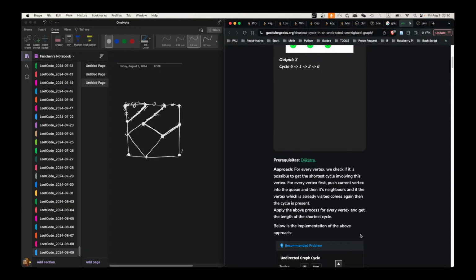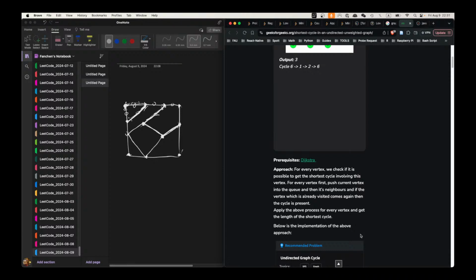But in this problem, it's not find the shortest cycle, it's find all the cycles. Exactly, it's to find all the cycles. But technically, it is the shortest cycle starting from every single node, right?